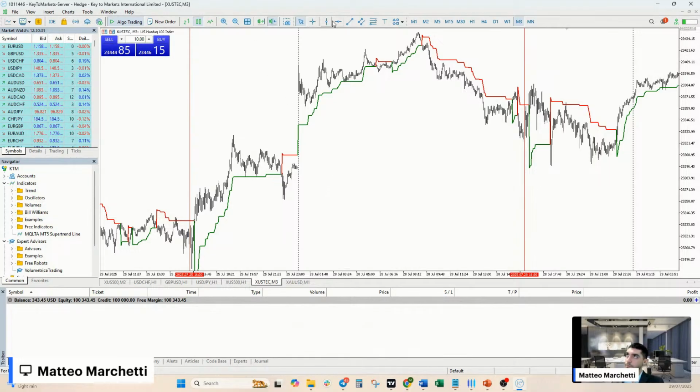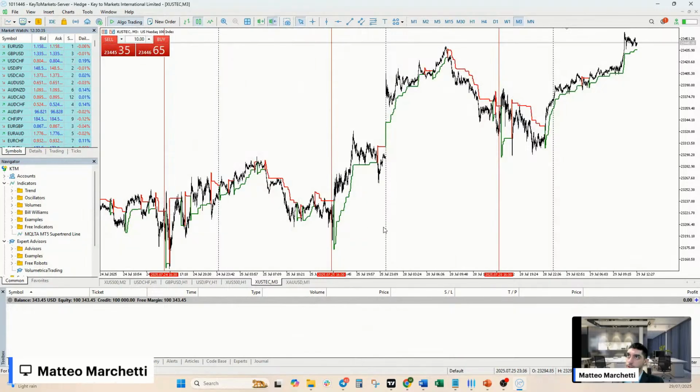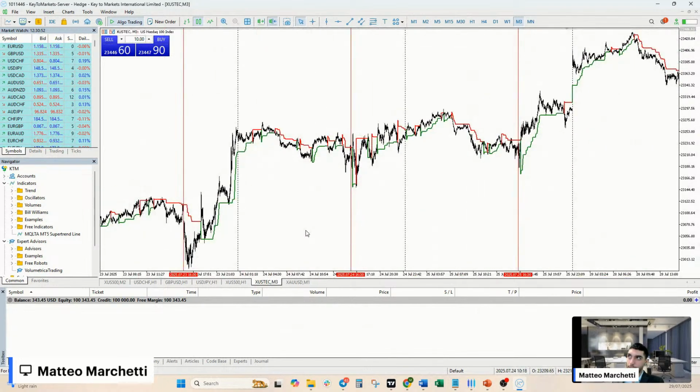So in this chart, you can see the vertical dash line that separates every day, every session, starting from the end of the day. And the red line here is the start of the cash, the US cash.